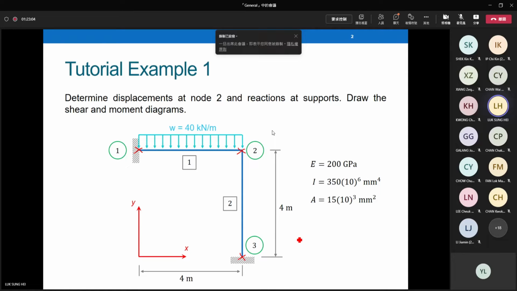Okay, you may think about what you should do in step 1, how to discretize the structures, where are the known displacement, where are the unknown displacement, and then you can try to think about which stiffness matrix you should use for element 1, element 2.